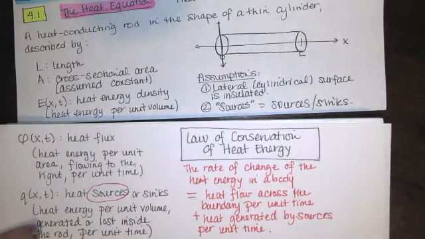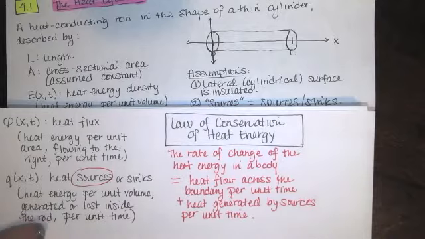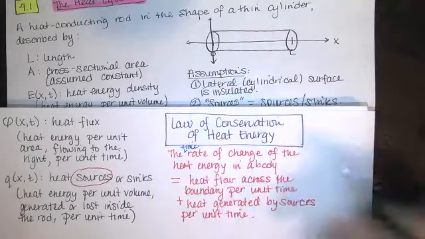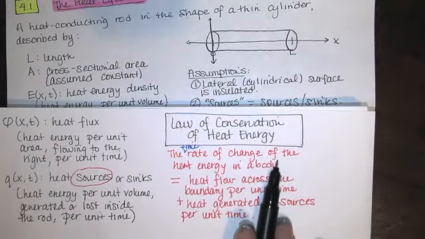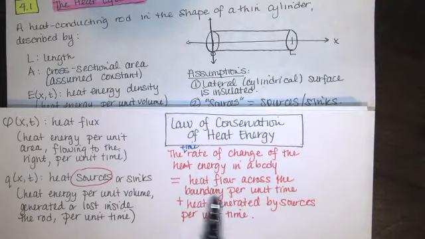And I think that makes sense. This is saying the time rate of change, and it's implied that that's a time rate of change of the heat energy in a body. It just depends on the heat flow going across the boundary per unit time, plus any heat generated by the sources. It's sort of a rate in, rate out thing.